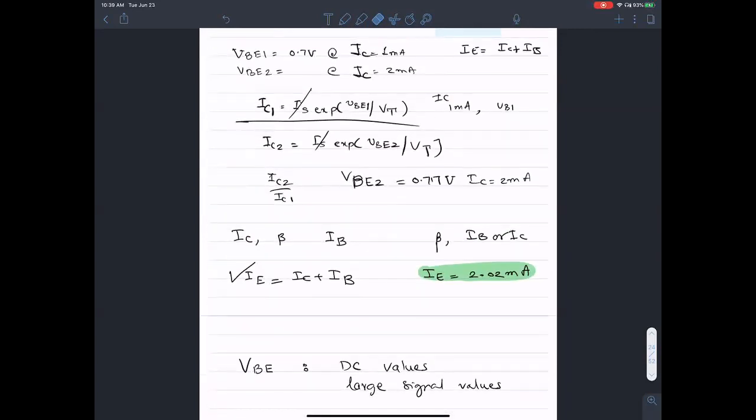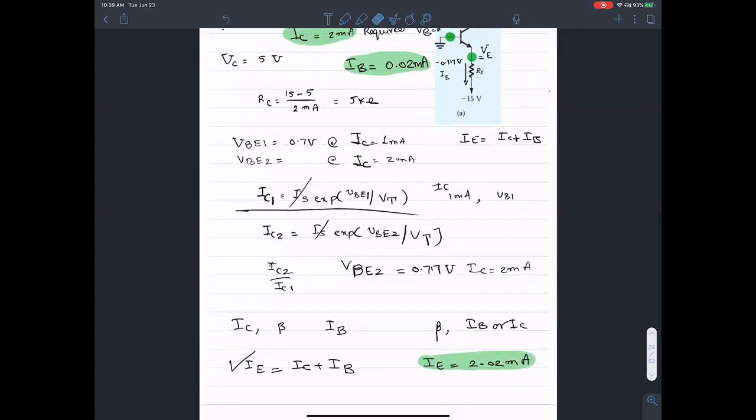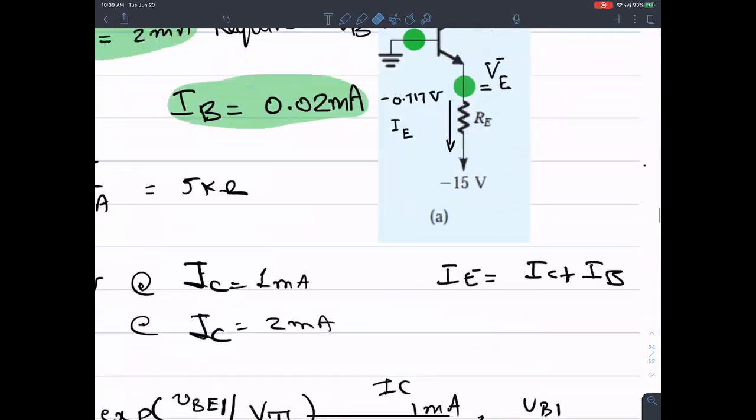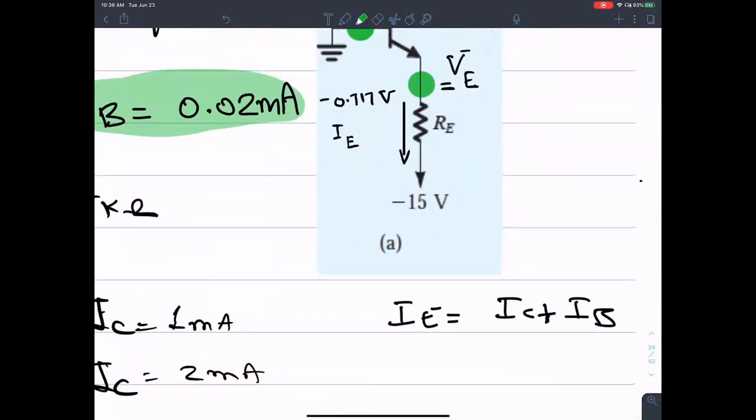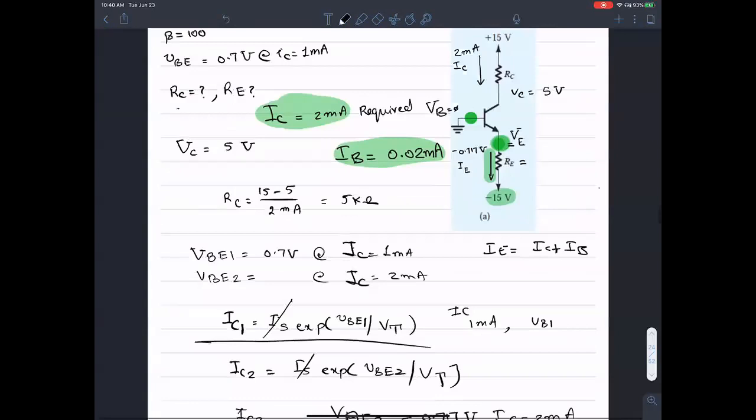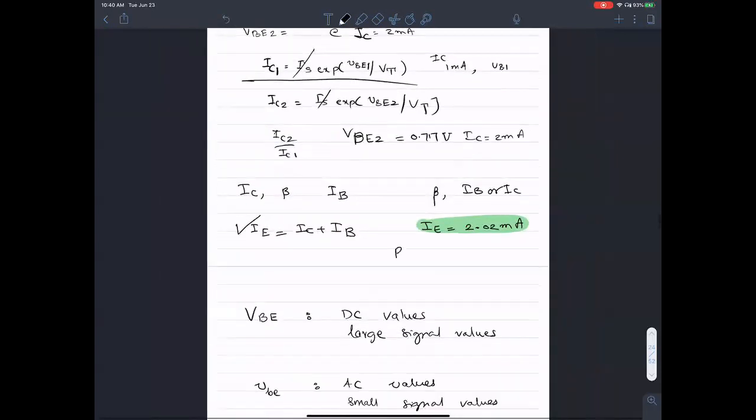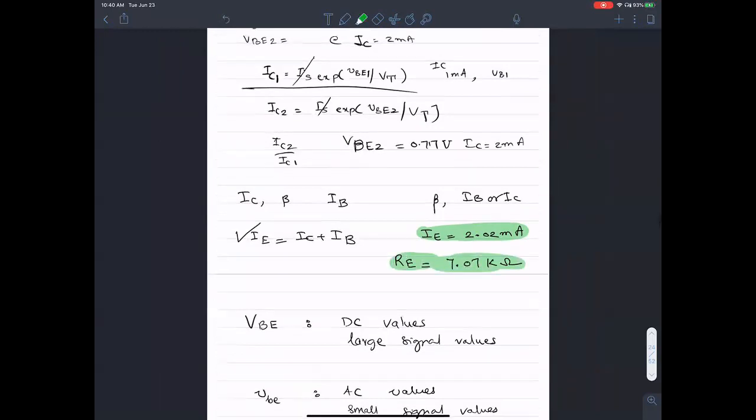Once I have IE, and the voltage on the top and bottom of the resistance, I should be able to calculate RE using Ohm's law. RE will come out to be 7.07 kilo ohms, and that's the problem that we were asked to find.